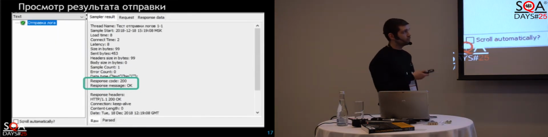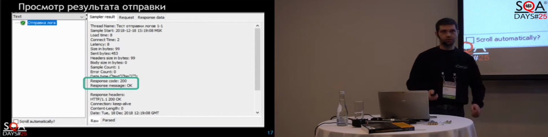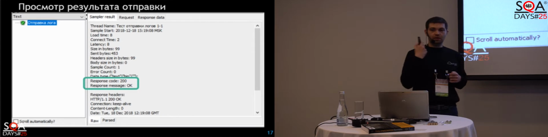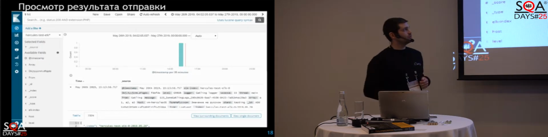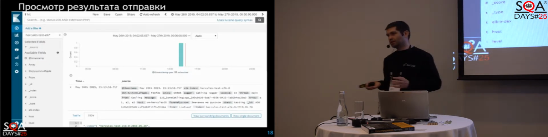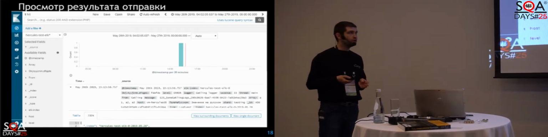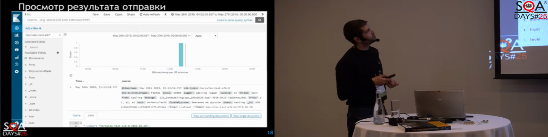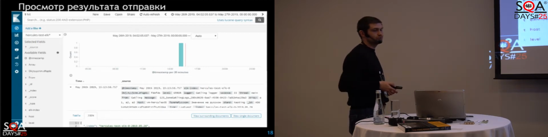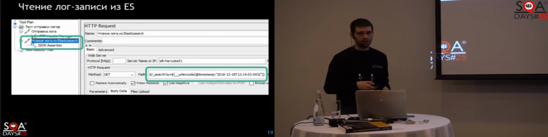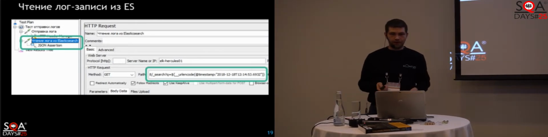To see the results, we add a results tree. So the first step, we simply make a request to our adapter, and then get 200 OKs, and we see that everything reached its destination. The simple test allows us to get logs. It is this that allows us to fill in the database.